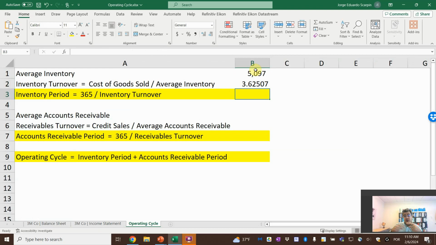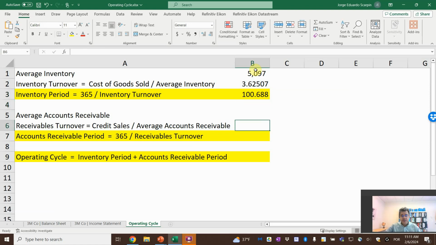It means that the turnover, the rotation of this inventory is 3.6 times a year. So if we want to move this from times to days, 365 divided by the turnover. So 100 days. So almost 3 months here, or more than 3 months, 3 months and 10 days.